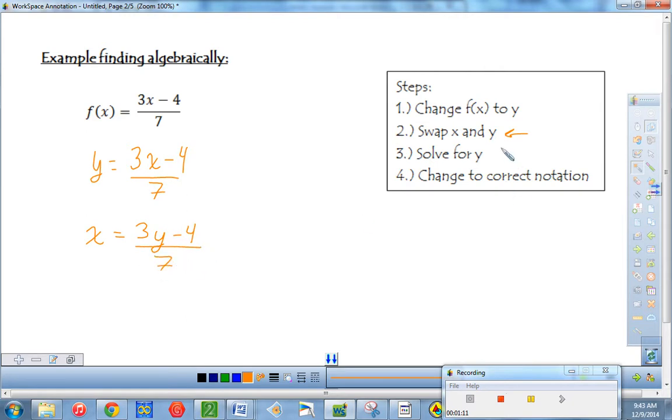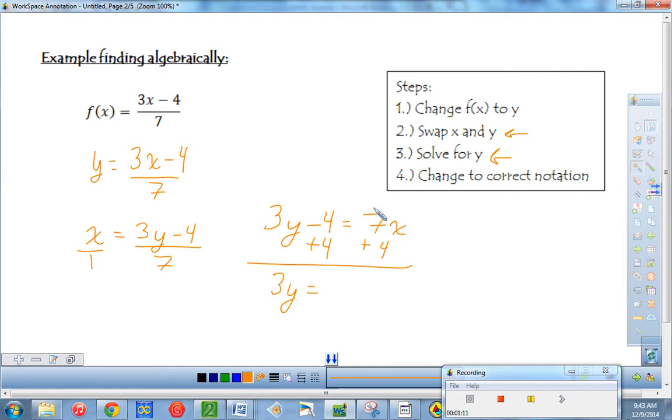And then we solve for y. So if you can tell that you multiply by 7, you can. If you prefer to put this guy over 1 and cross multiply, that might be a little bit easier, just however you view it. So if I'm going to cross multiply here, which will give me 3y minus 4 equals 7x, then I can add my 4 over.